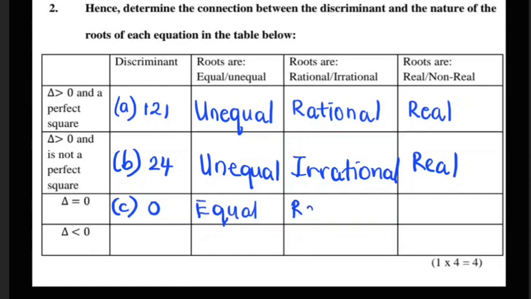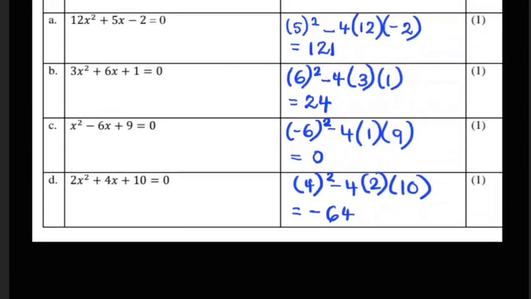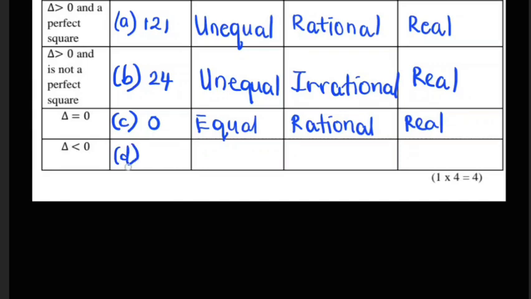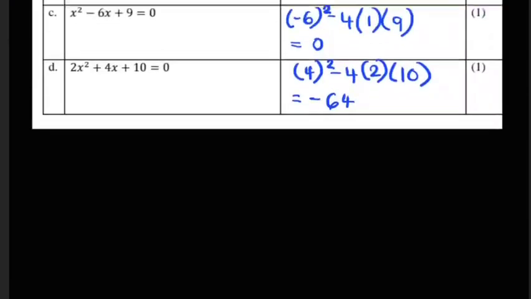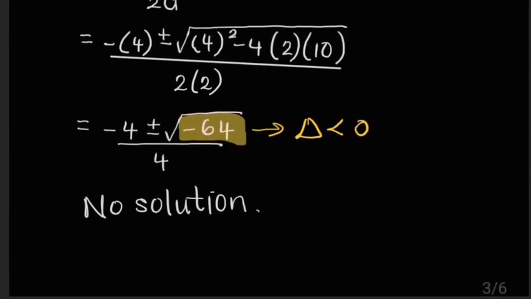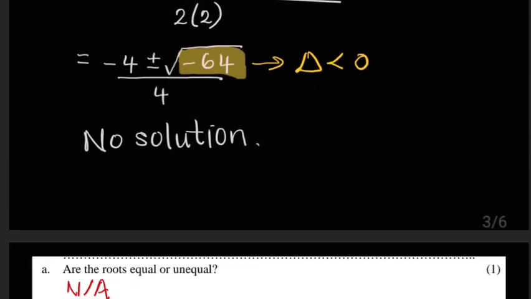They were rational and they were real. And the last part is where the discriminant is less than 0. That is D, where we had negative 64. If we scroll back up to part 1, we saw that there was no solution.